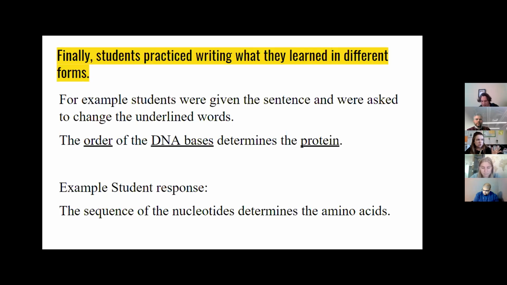I gave the students the sentence, the order of the DNA bases determines the protein. One student would say the sequence of the nucleotides determines the amino acids, or we could change protein to amino acid traits. Those would all be correct. There are all these different variations.